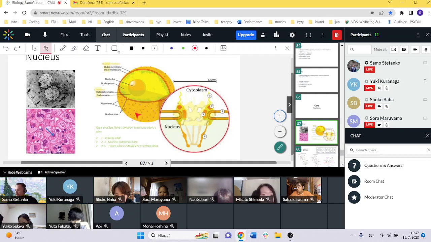So in the karyoplasm, there is the DNA, synthesized RNA, some nuclear proteins, enzymes, nucleotides. We will describe that very shortly. There are also ions and water. The nucleus has its own skeleton too.